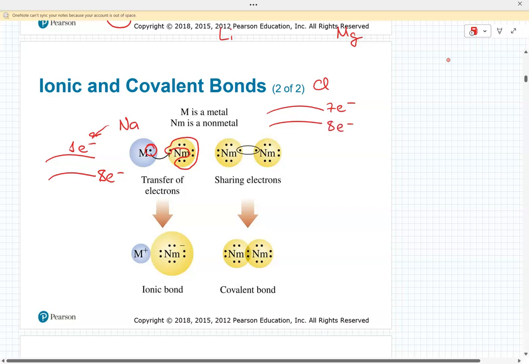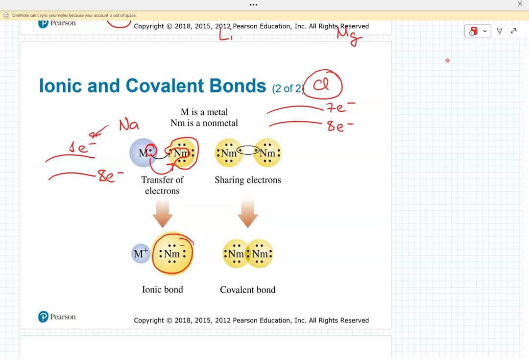If you are an atom of sodium, is it easier for you to just let 1 electron go and try to snatch 7 more? You're going to let 1 go. So you're going to lose that electron, and you're going to give it to chlorine, which already has 7. So getting 1 more isn't a big deal, right? So now, all those 8 electrons are with chlorine on the outer shell.